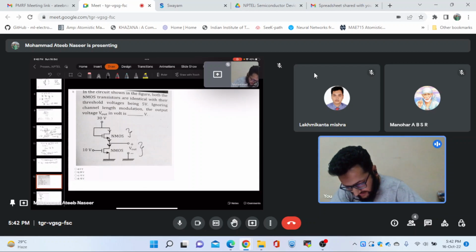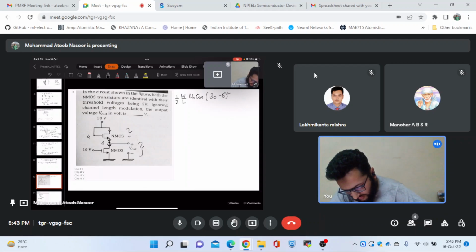So the current equation will be 1 by 2 W by L mu n Cox for this MOSFET, which has this as gate and this as source. The VGS will simply be equal to 30, since the gate is connected to the drain. So this will be VGS, 30 minus VTH, which is 5 volts, VGS minus VTH whole square.